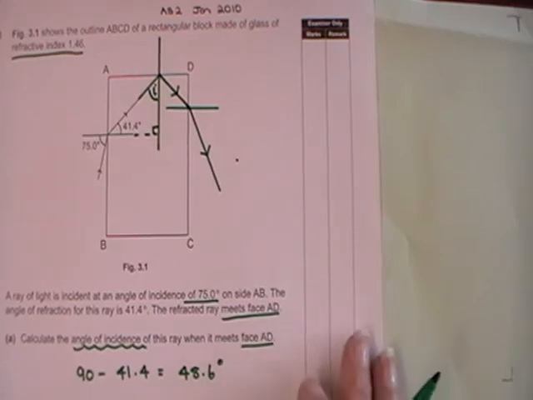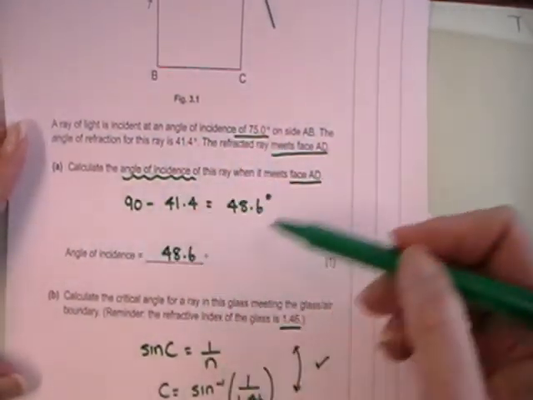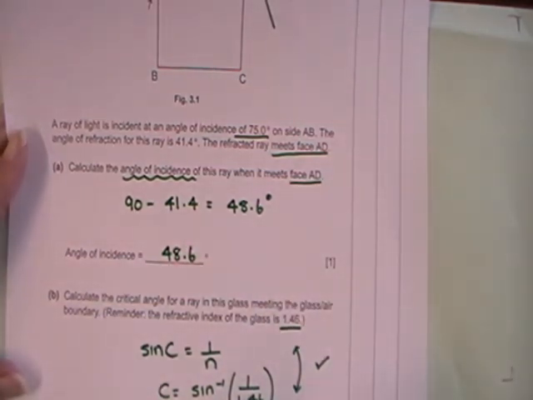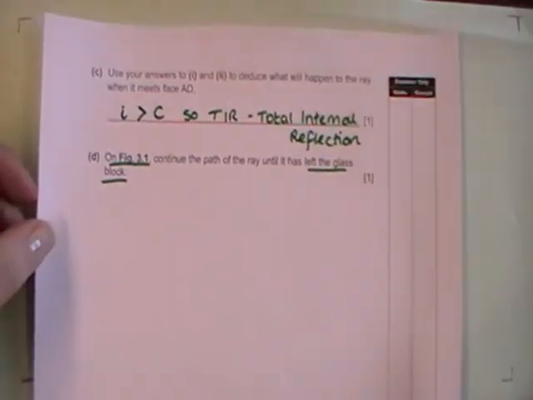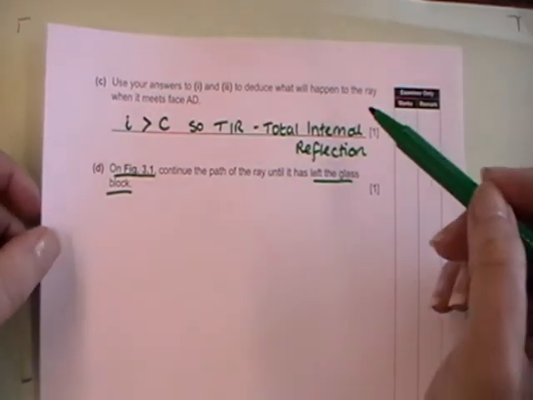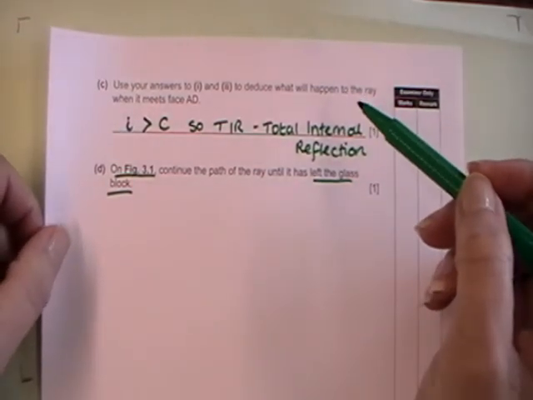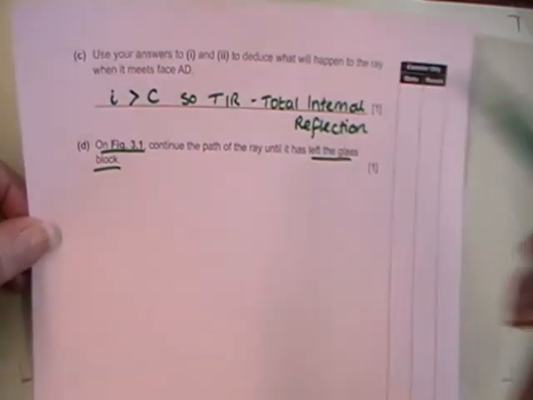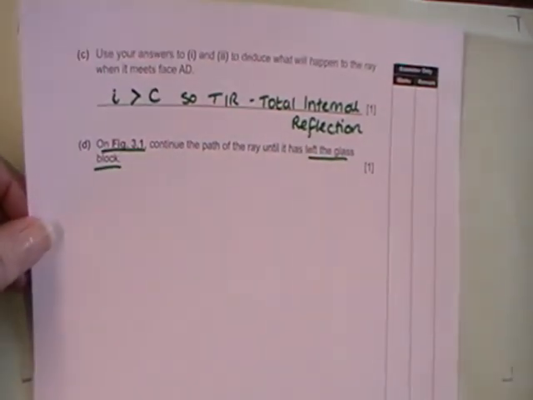So to remind ourselves of this question in total, we did some work with triangles to work out an angle of incidence. We calculated a critical angle using the refractive index. We then compared the angle of incidence and the critical angle to find that at AD we had total internal reflection, and then we continued the ray until it has left the glass block.